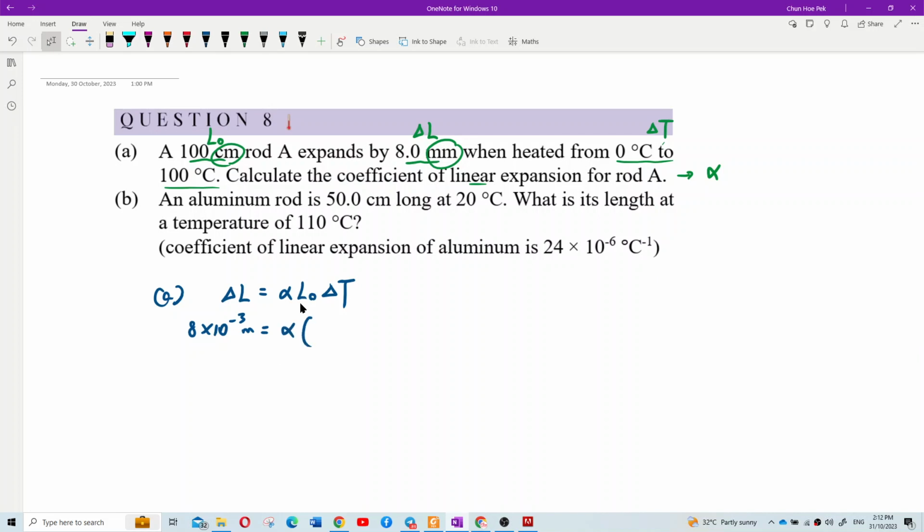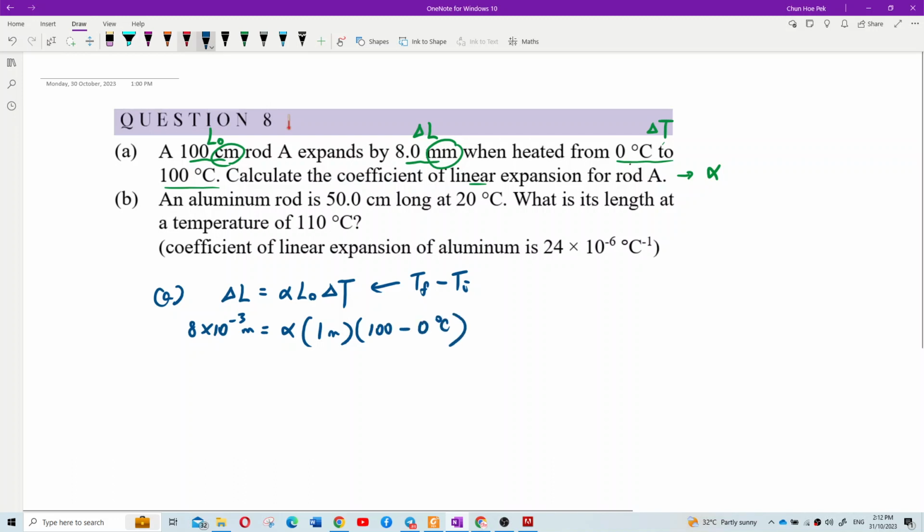L naught is the original length, so 100 cm becomes 1 meter in SI unit. Delta T is final temperature minus initial temperature, so 100 degrees Celsius minus 0 degrees Celsius.